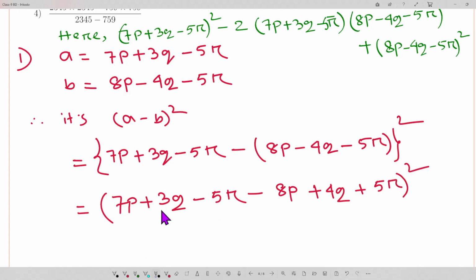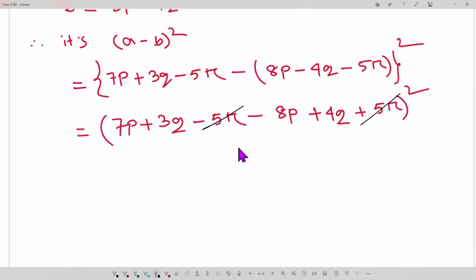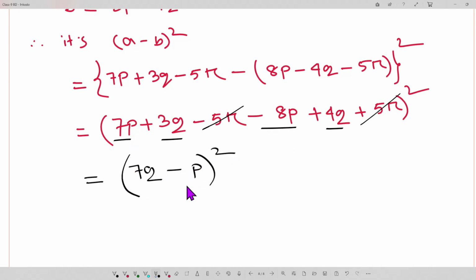Now here is minus 5r and here is plus 5r, so it will cancel out, and then we can write 3q and 4q, 7q, minus 8p plus 7p, it means minus p, then whole square. Now it's looking like (a − b) whole square.